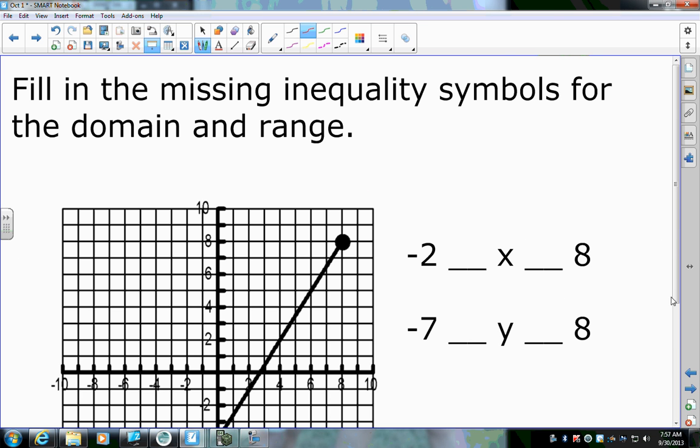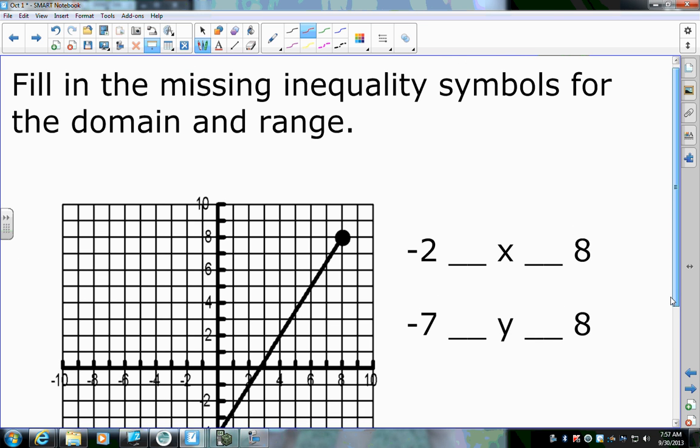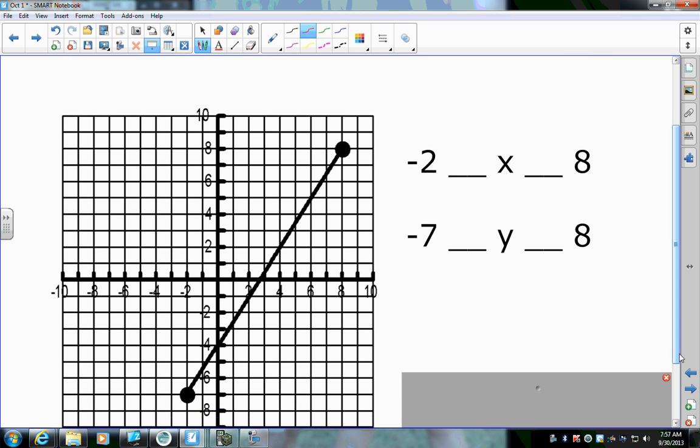Okay, so now it says, fill in the missing inequality symbols for the domain and the range. Remember, domain is X. It goes from left to right. So I'll start here to the far left, and I'll come out to the far right. That's where my -2 is coming from, and all the way out to the right is 8.